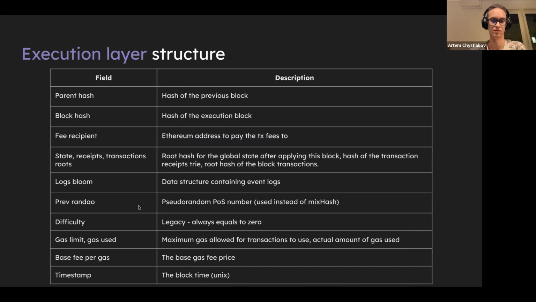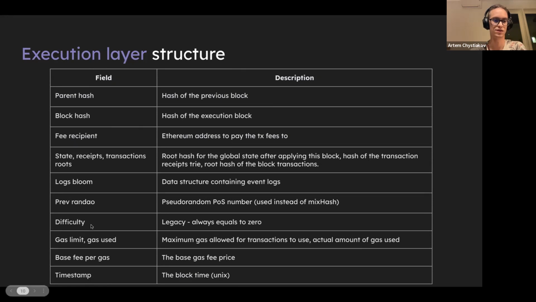Because Ethereum is now proof of stake, they decided not to introduce another field and to reuse the obsolete one. And this prevRandao is just a special proof of stake consensus field that is pseudo-random and can be accessed via the EVM. So Solidity has access to this field, which might be used in pseudo-random stuff.